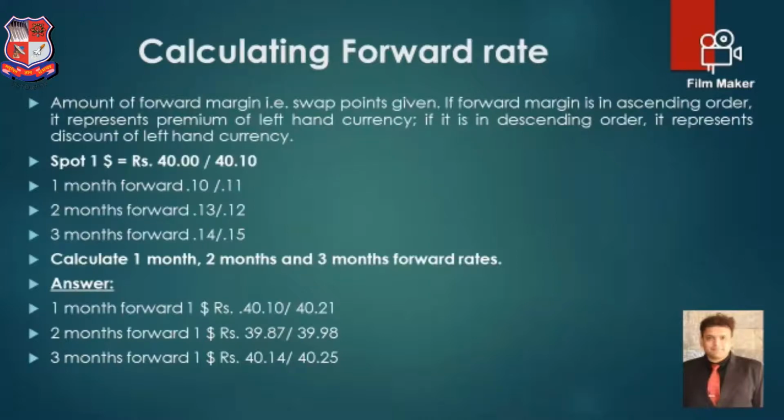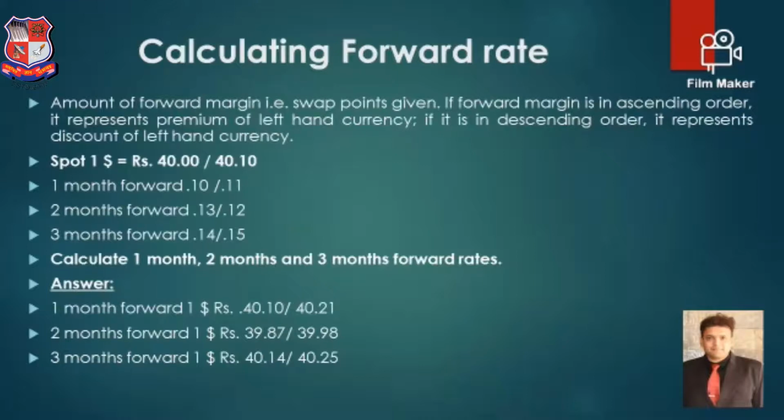Now when ascending is given, whatever the swap points are, we have to adjust them with the spot rate. As the 1 month is ascending, 0.10 and 0.11, 0.10 is considered the bid swap point and 0.11 is considered the ask swap point. We will add it to the respective spot rate.